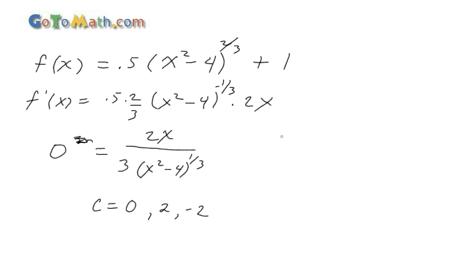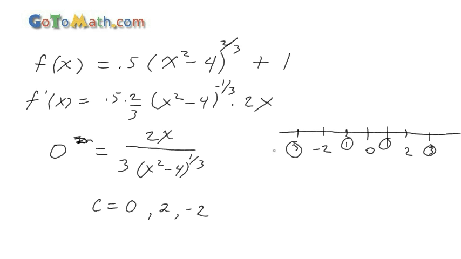And then what we'll want to do now is draw a number line. We'll put 0 here, negative 2 here, and positive 2, and then we'll need some test points, like 1 is a good one. How about here's 1 here, 3 is a good one, and 3 here.